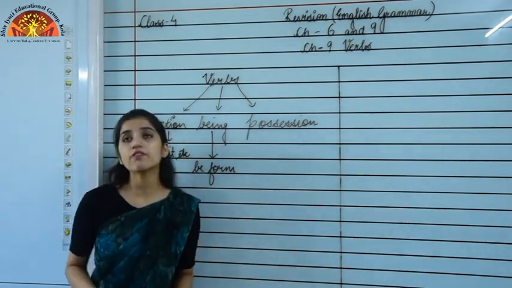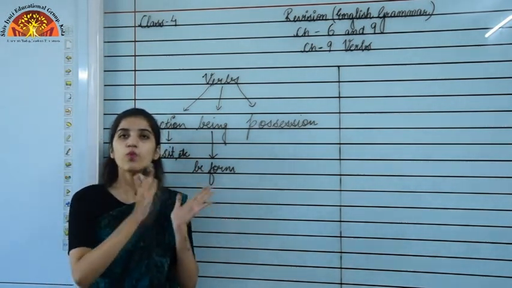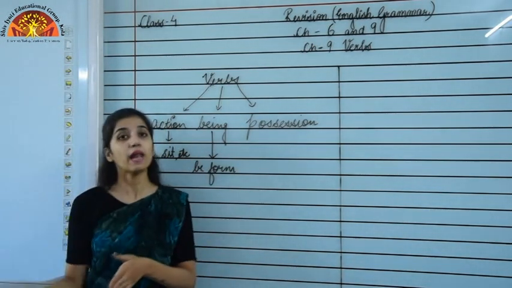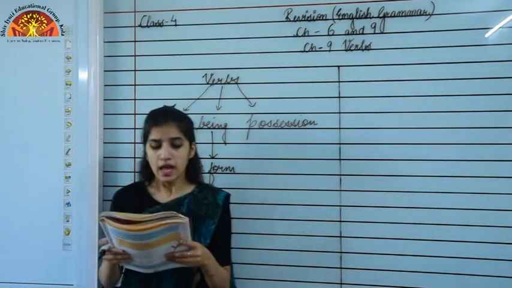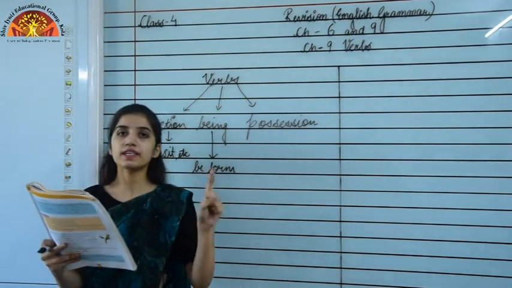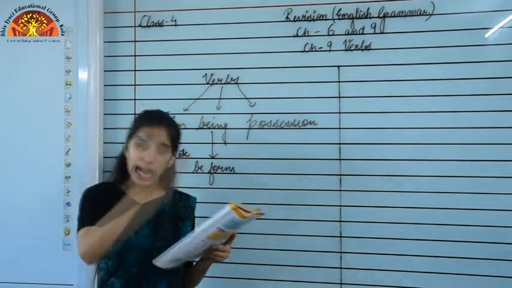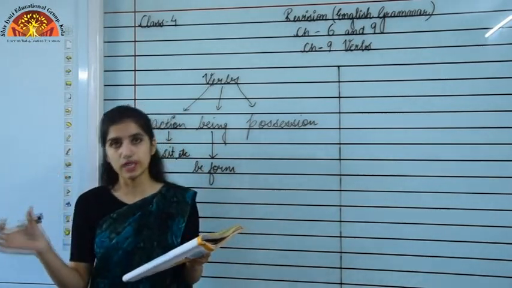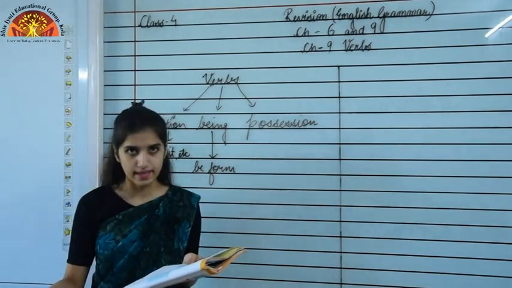Okay, so these verbs are used both as a main verb and a helping verb in a sentence. Like in your book an example is given, first I am reading a sentence: I am reading. Here you can see am is coming with a verb, reading, right? So am is used as a helping verb in this sentence.